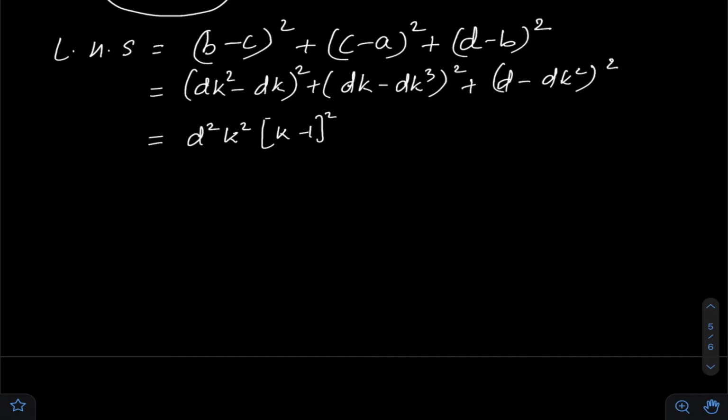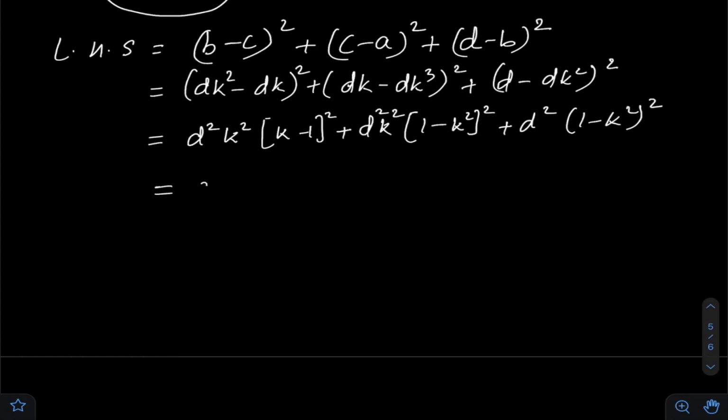Similarly, in the second term, d is coming common and k is also coming common. It will be (1 minus k square) whole square. And then here also d is coming common. Then what is left? (1 minus k square) whole square.